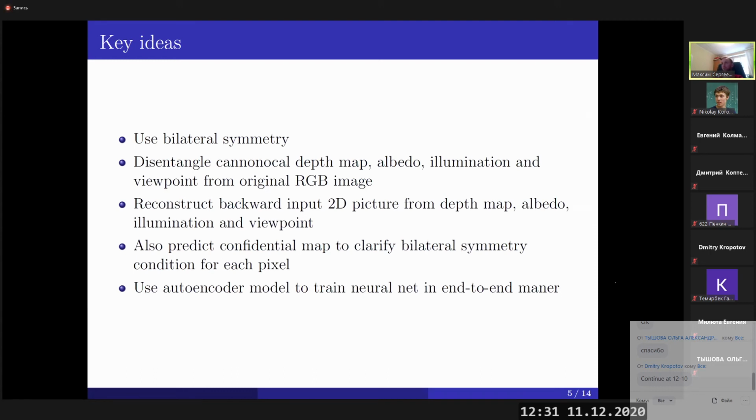Then we would like to reconstruct the original 2D image from those quantities: depth map, albedo, illumination, and viewpoint. And we can use an autoencoder-like model to train an end-to-end model to recover these quantities.